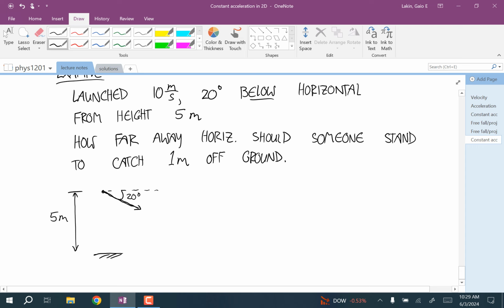And the magnitude is 10 meters per second. And gravity is going to make this curve in a parabola like this. And this is the point where we want to catch it, where this is 1 meter. Okay, and the question is, how far apart horizontally are these two spots?